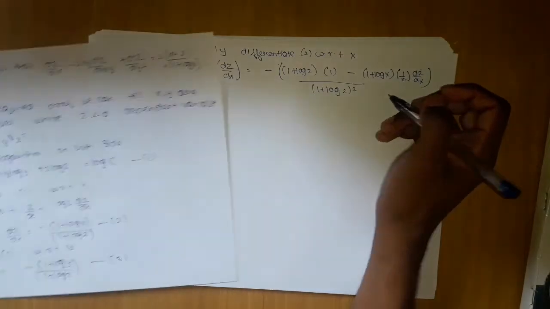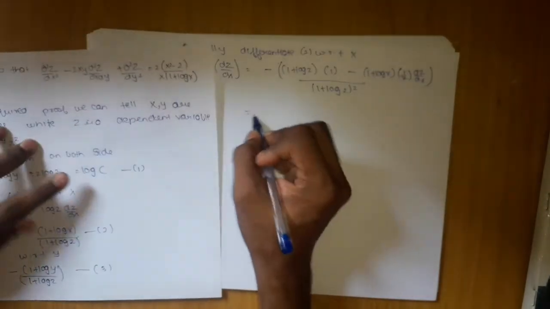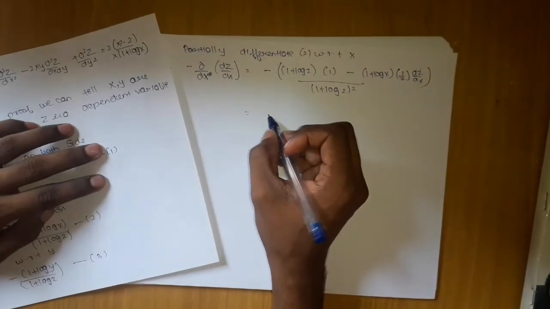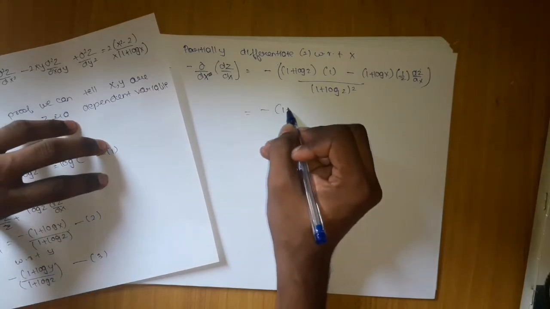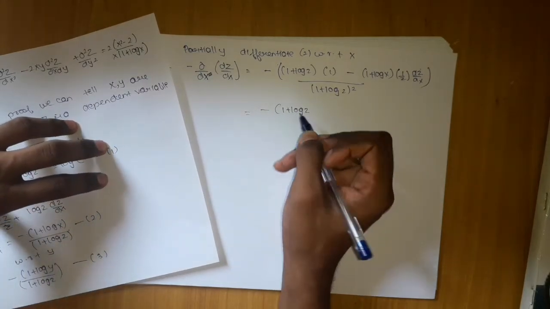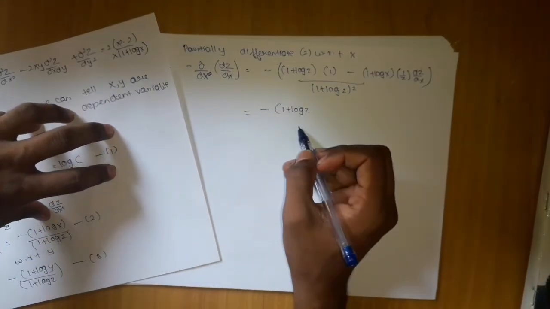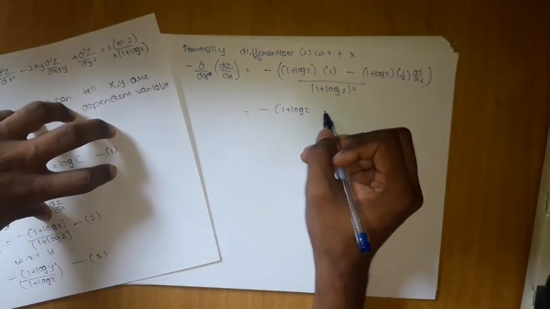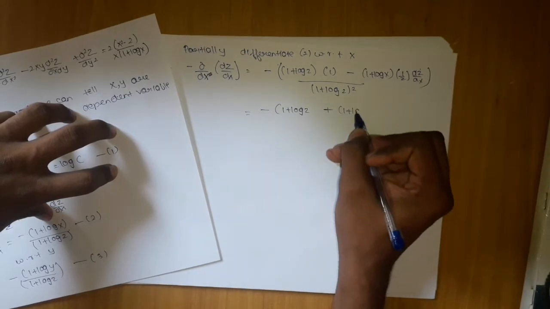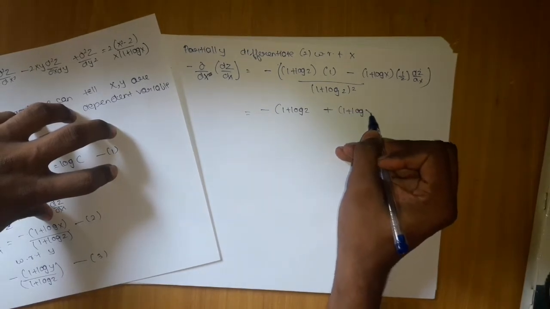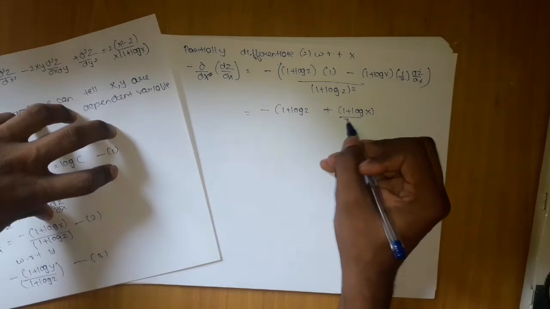If I substitute dou z by dou x value, I am going to get the final thing left as 1 plus log z, this will become plus 1 plus log x the whole square by z.